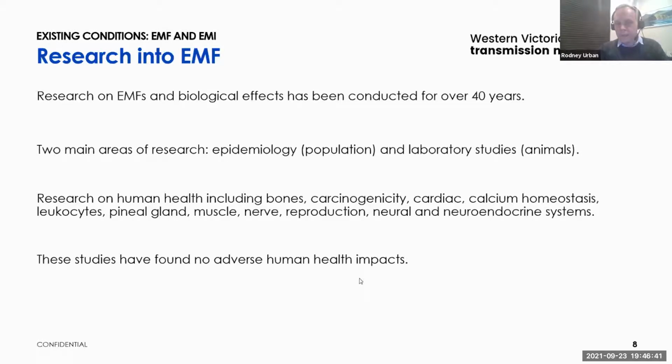And the latter is studies that have been done on biological effects, whereas the former are studies that are done relating general population characteristics and behaviors to issues or problems or effects that have been identified in the general population, and trying to find correlations between the two.